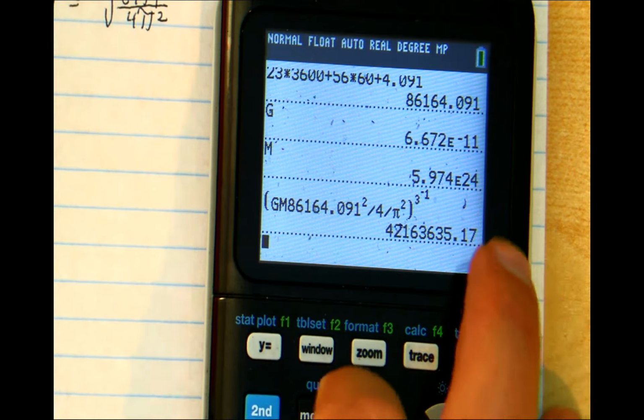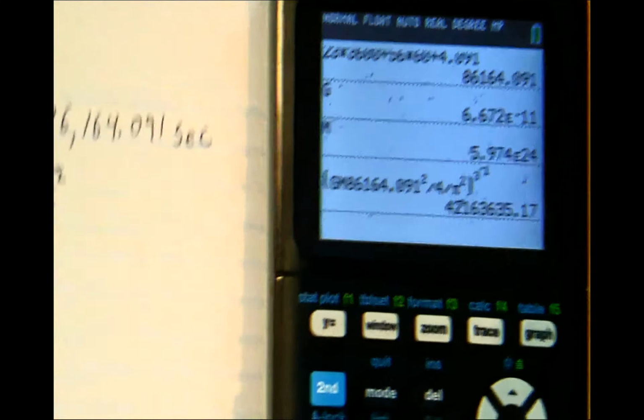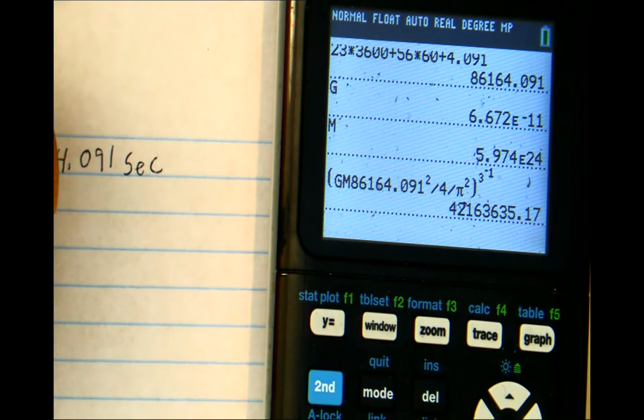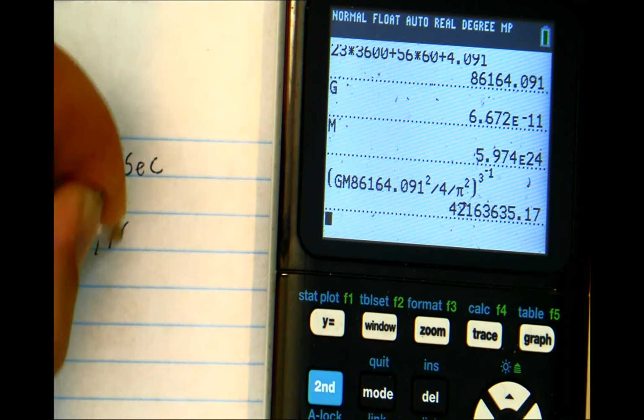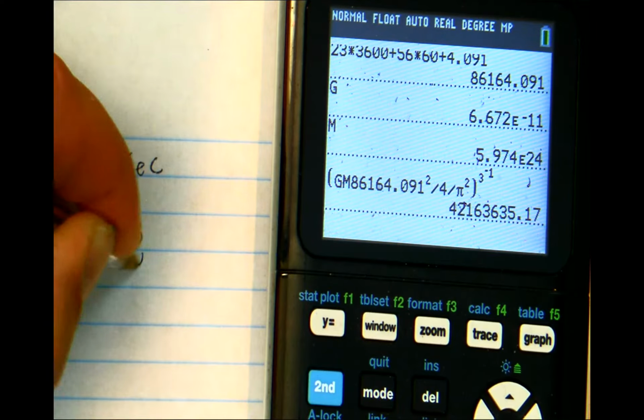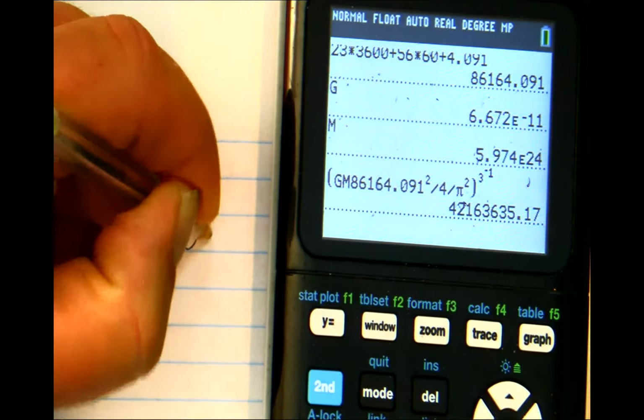So there is the orbit radius in units of meters: 42,163,600 meters.